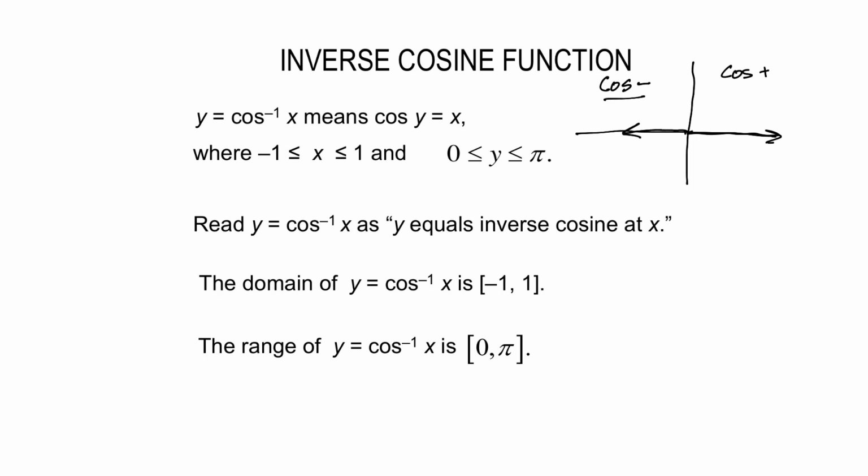And so we limit our range, the angle values we report, as being in the first quadrant if the input value is positive, and in the second quadrant, somewhere between π/2 and π, if it is a negative arc cosine that we are taking.